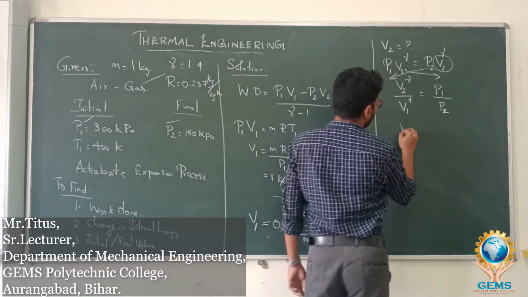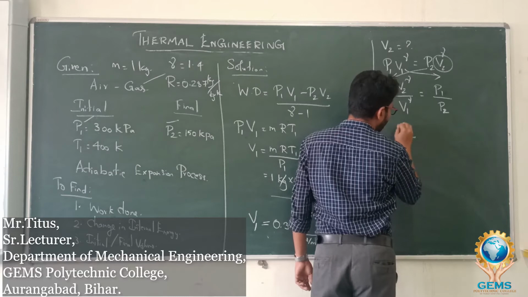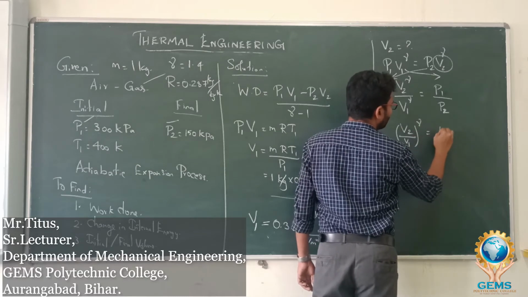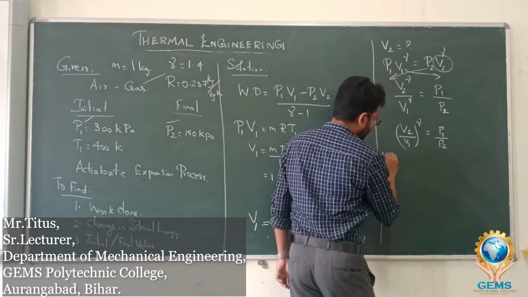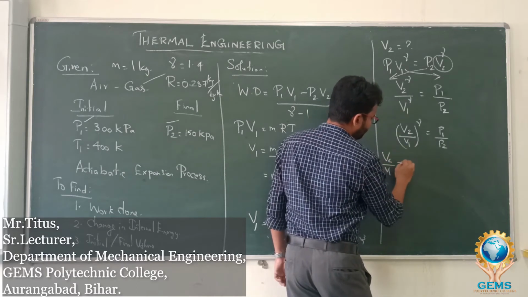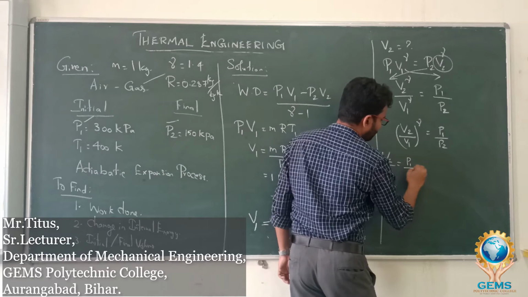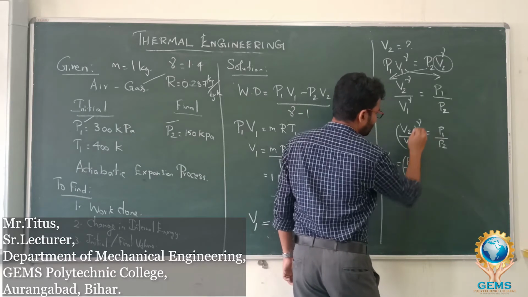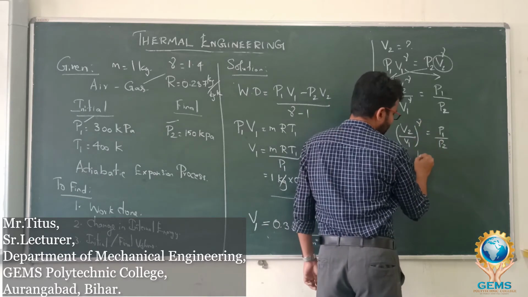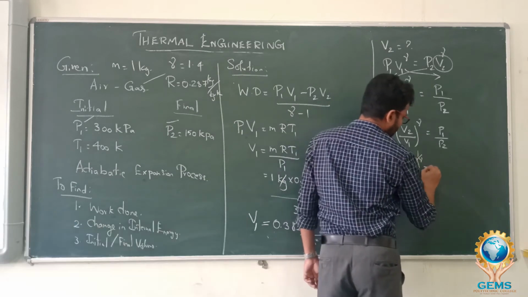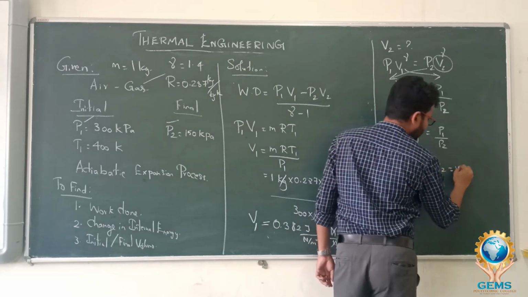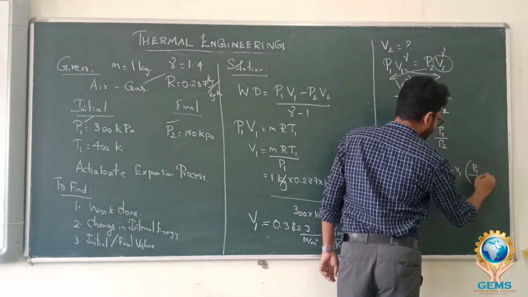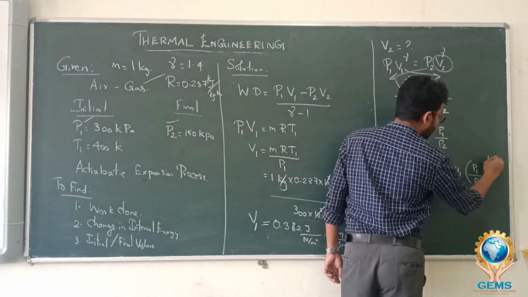Finally, V2 by V1, the whole to the power gamma, is equal to P1 by P2. Therefore V2 by V1 equals P1 by P2, and the power gamma becomes 1 by gamma. Now V2 equals V1 into P1 by P2 to the power 1 by gamma.